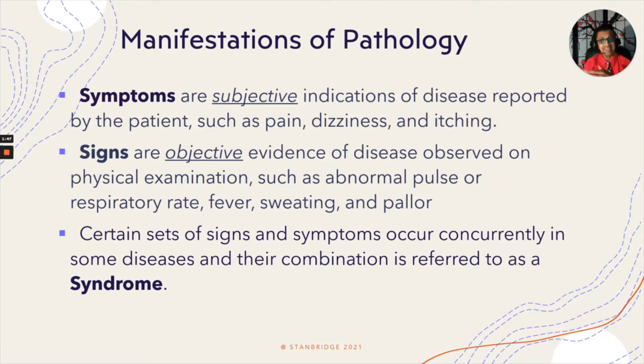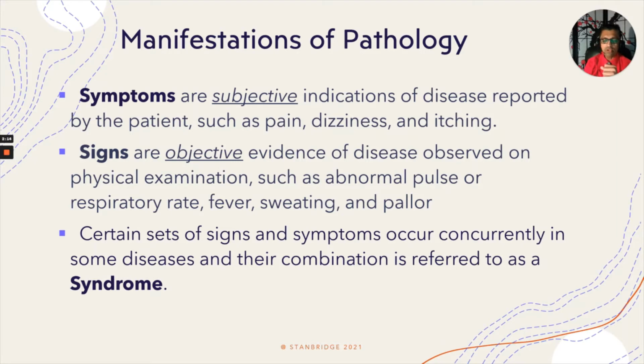Now, signs are objective. Evidence of disease observed by a physical exam, such as abnormal pulse, respiratory rate, fever, sweating. I can see you sweat. Pallor, meaning you've lost color, right? So I can see those. Those are objective evidence. So make sure you know the difference between symptoms and signs and be able to give me an example of a symptom or a sign.